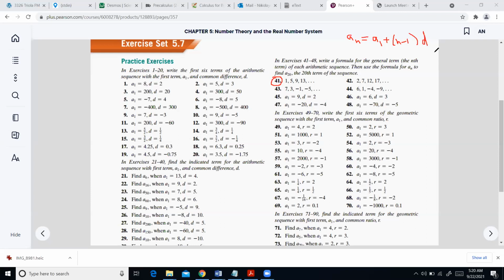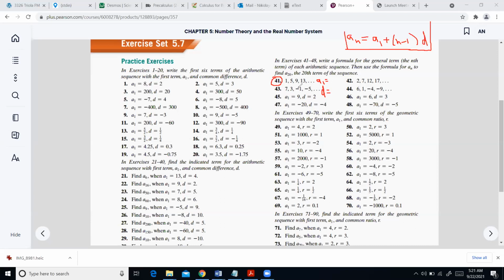And now they want to pull out 3 pieces of information. First is A1. Second is the difference. And using them, come up with that formula for exercise 41.